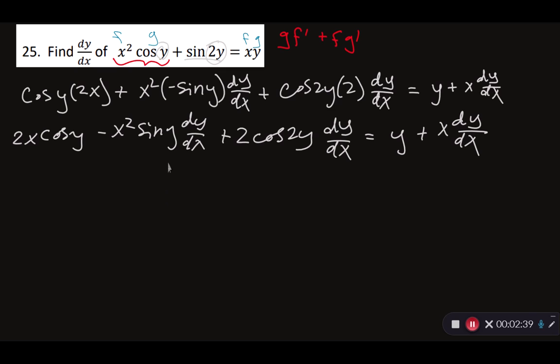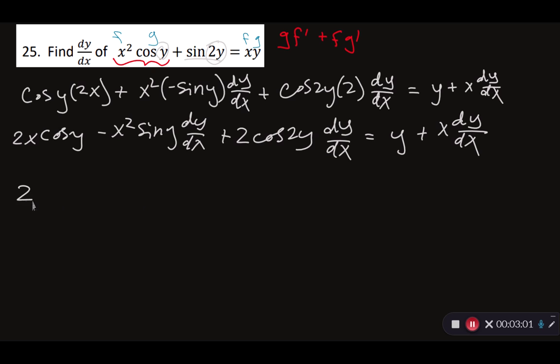Alright, now we need to isolate all of our dy/dx terms on one side. So I'm going to move them over to the left side, and anything that doesn't have a dy/dx I'm going to move over to the right side. So let's subtract both sides by x dy/dx, and we'll subtract both sides by 2x cosine y. I'm going to rearrange the terms as I rewrite this.